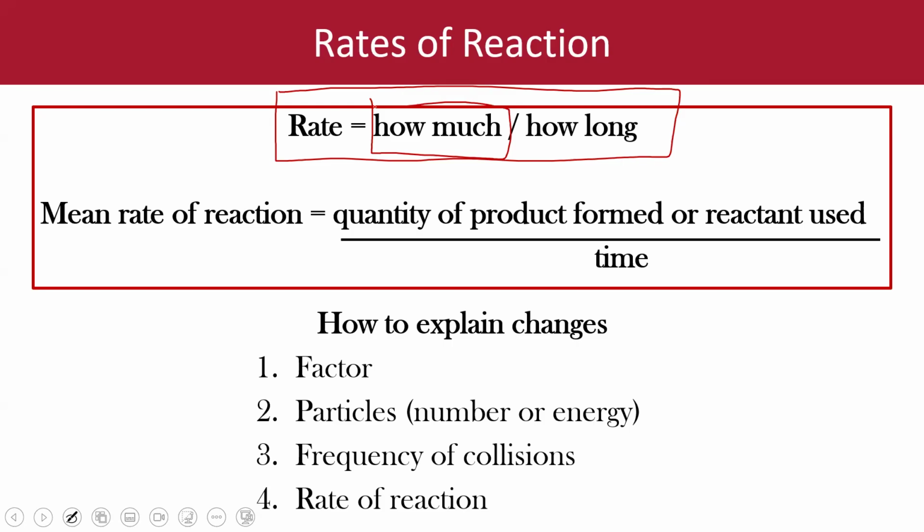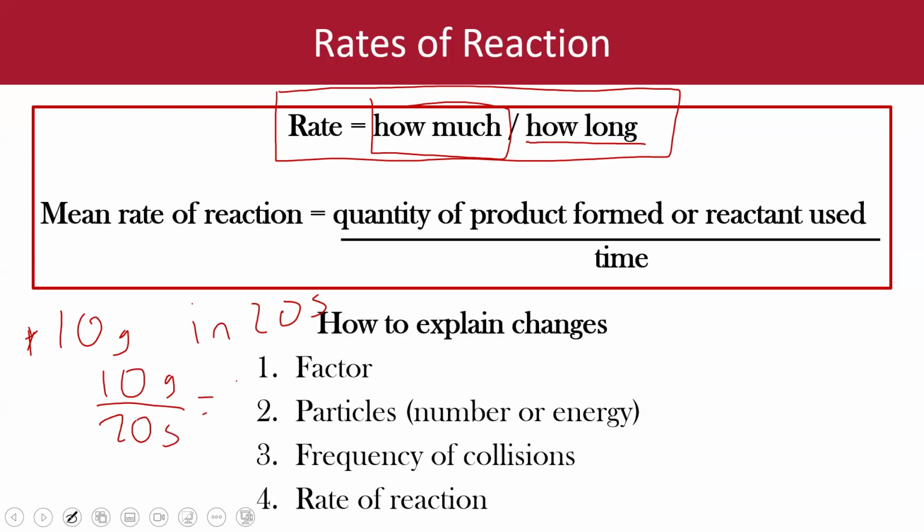So for example, if I had 10 grams of substance getting given off in 20 seconds, you'll do 10 grams divided by 20 seconds equals 0.5 grams per second.